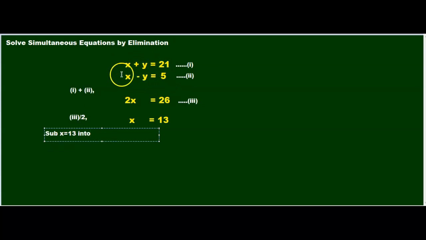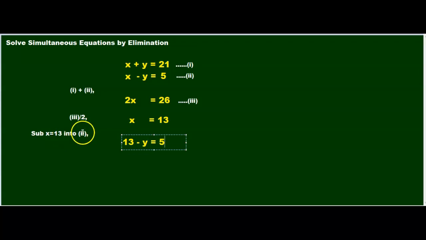I'm going to use equation 2 because the numbers are smaller, but it's not going to make any difference which one you use. So substitute x equals 13 into equation 2. Now my x becomes 13, minus y equals 5. Okay, minus 13 on both sides of my equation.